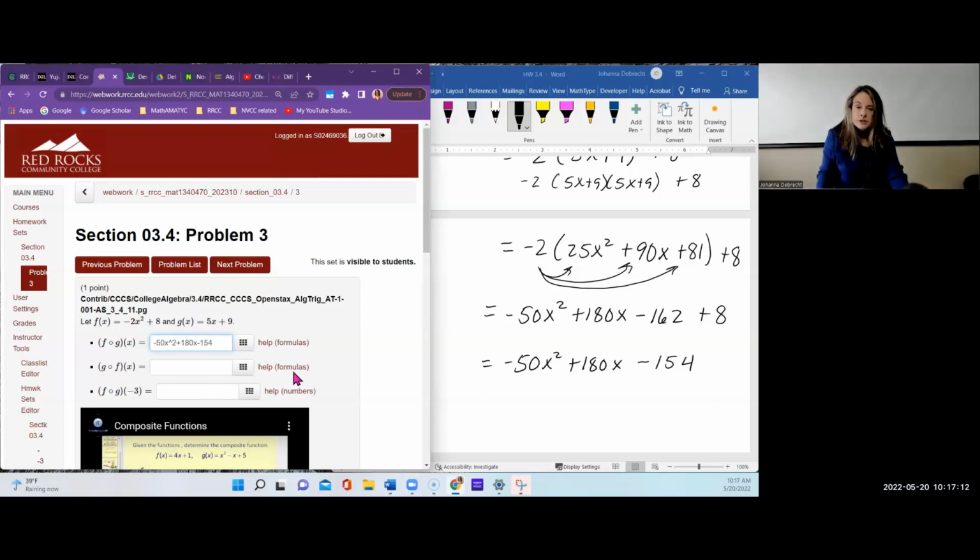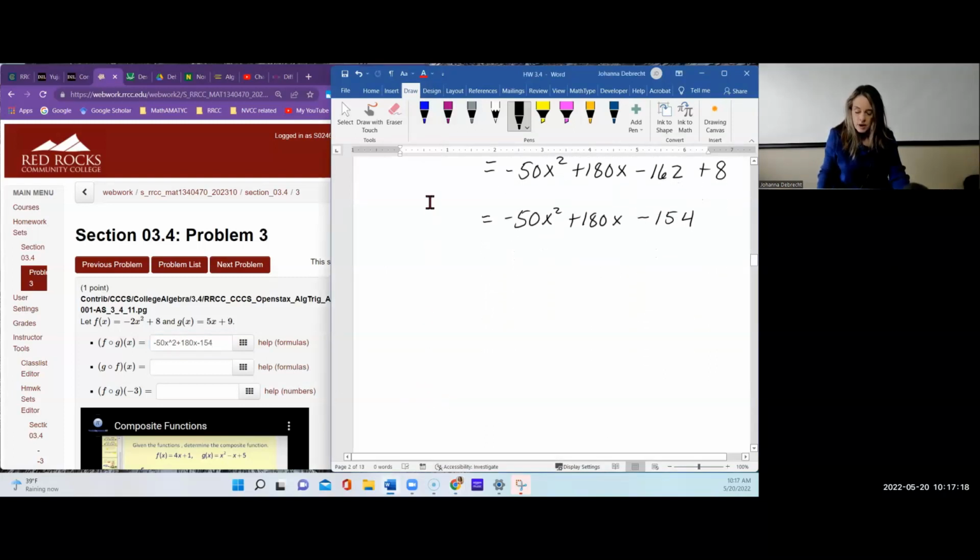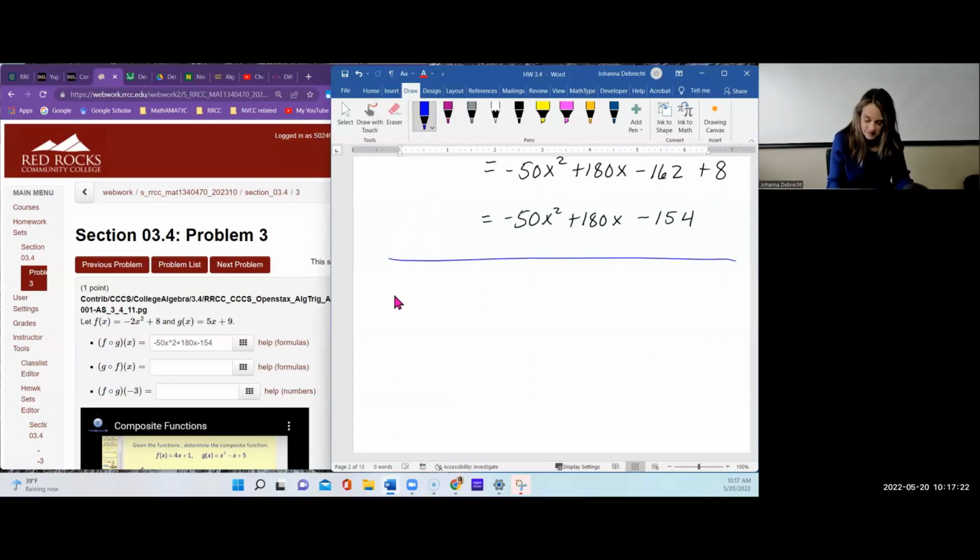Now let's look at g composed of f of x, or as some call it, g circle f. When we look at this function, this is the same as writing g on the outside and f of x on the inside.